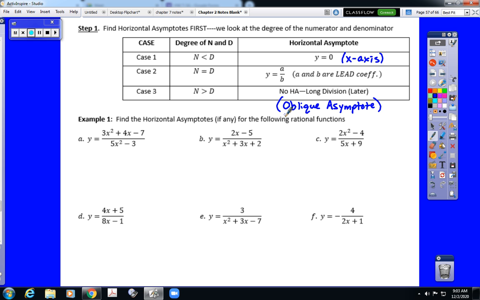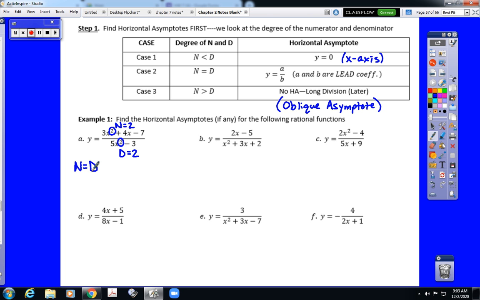So essentially the way this works is we go into each problem and we say, all right, what is the degree of the numerator? Well, the degree of the numerator on this first example is 2. The degree of the denominator is 2. So in this case, n is equal to d.